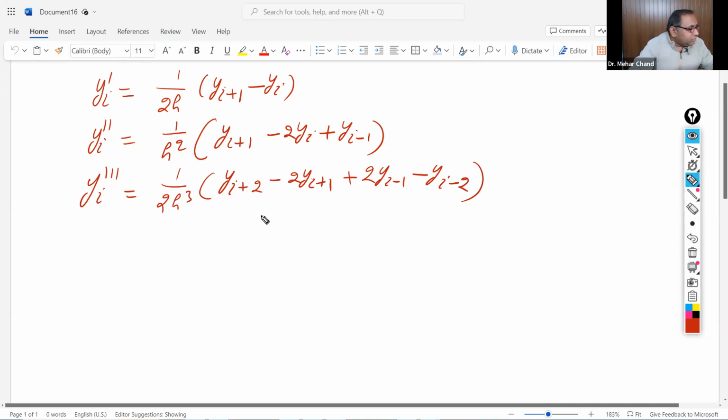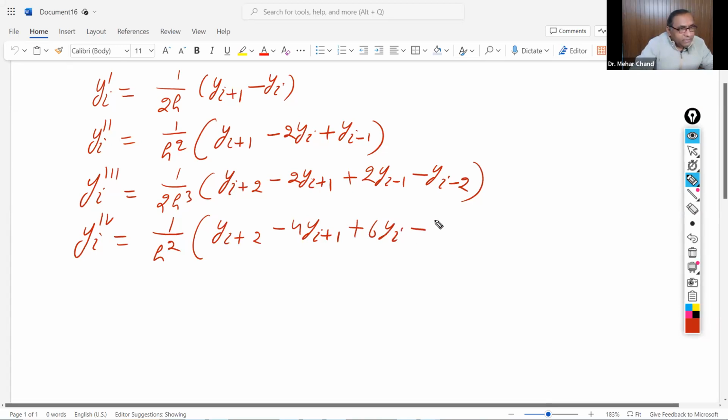For the fourth order, this will be equal to 1 upon h square, yi plus 2 minus 4yi plus 1, plus 6yi, then minus 4yi minus 1, and plus yi minus 2.